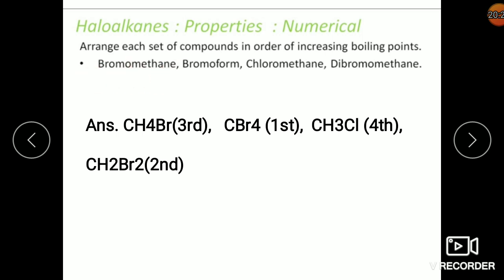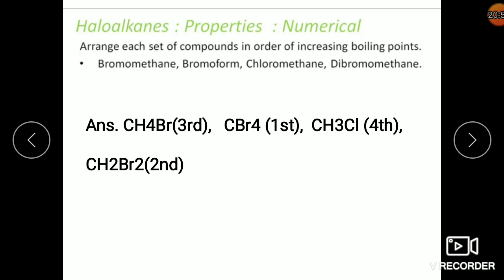So the bromomethane formula is CH4, sorry, it must be CH3Br. Please correct this one. It must be CH3Br. Bromoform is CBr4. Chloromethane is CH3Cl, and dibromomethane is CH2Br2. Now you see, here you are getting the maximum number of bromine, so molar mass will obviously be higher.